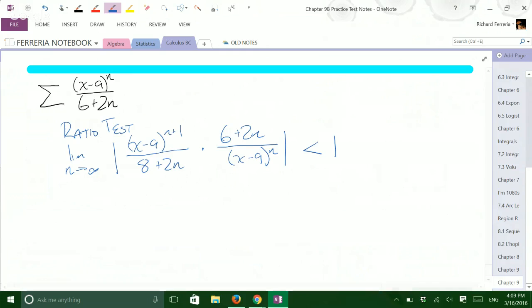You don't have to. And how does this simplify? Well, the x minus 9s do simplify, so we're going to get an x minus 9 on the outside here. Always put it in absolute values. And the only thing left here is 6 plus 2n over 8 plus 2n.